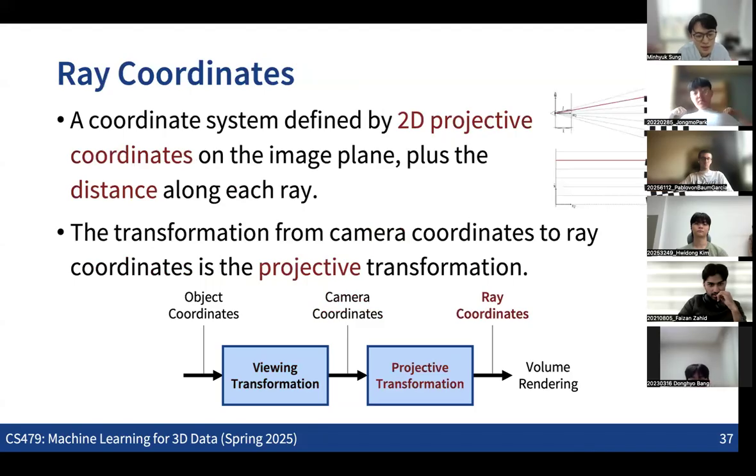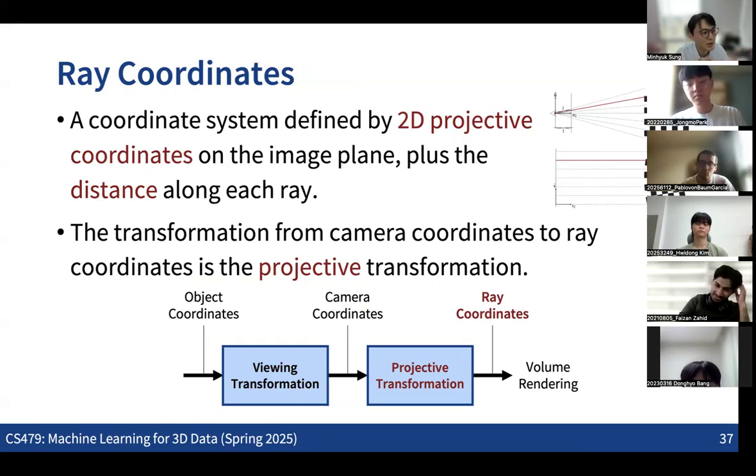As we have also seen in the camera model lecture, we can also consider a projection. We define the ray coordinate system based on the intrinsic parameters of the camera, but without considering camera parameters like focal length.